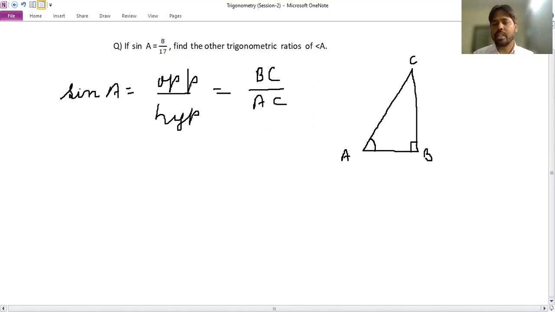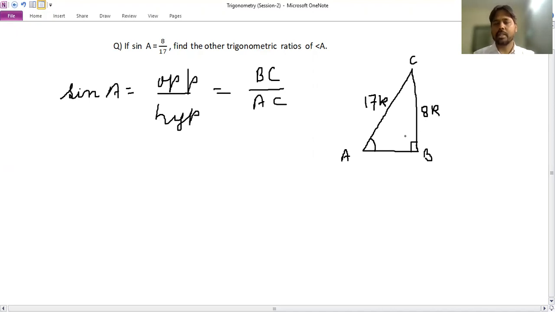Now from this relationship, we can write sine A equal to 8 upon 17. Let's say this is AC, so I am writing 17K, using a constant variable K, which will be applied to all the given parameters. Now for BC, AC we have already taken as 17K, and BC will be 8K.